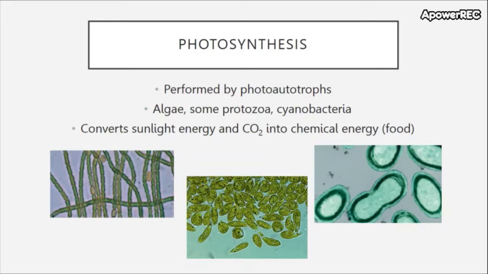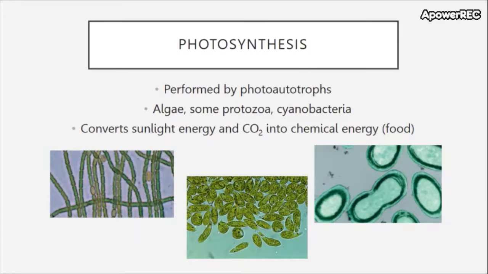And so this is performed by our photoautotrophs. We have our algae, our cyanobacteria, some protozoa, and then of course a little bit higher on the scale we have trees and things like that. It converts, again, sunlight energy and CO2 into chemical energy or food, carbohydrates, cellulose, things like that.